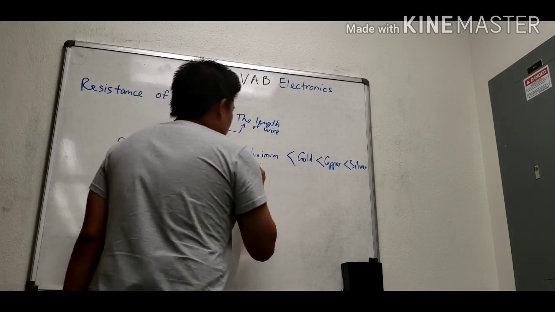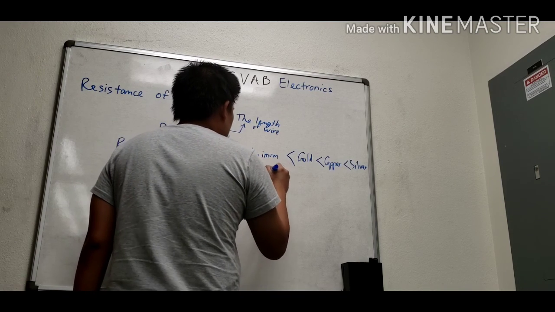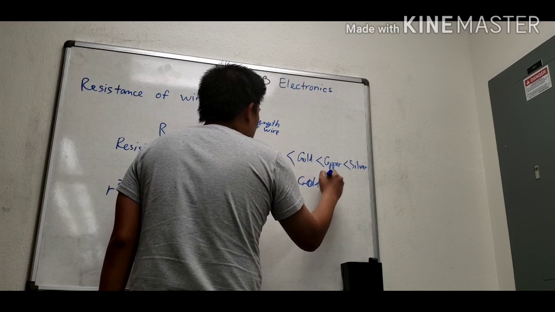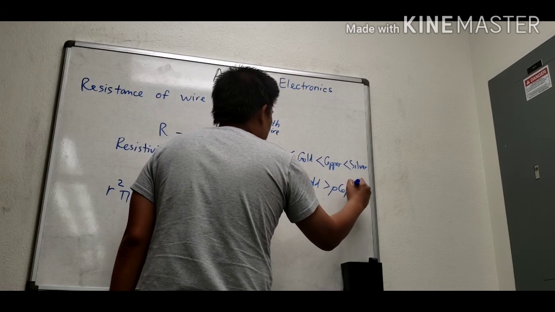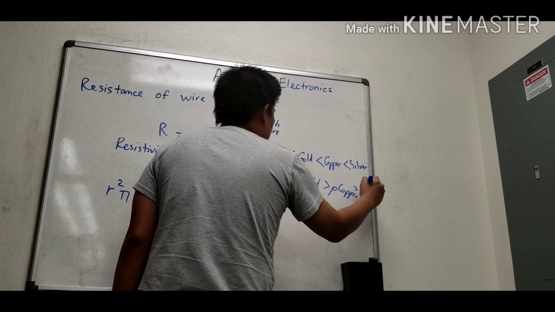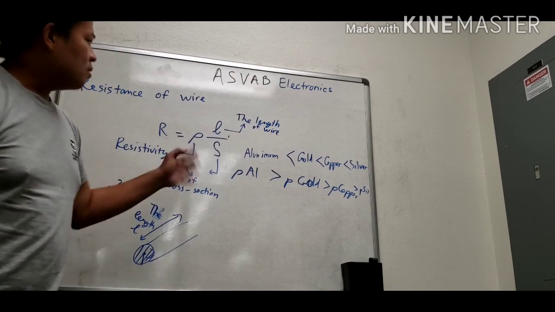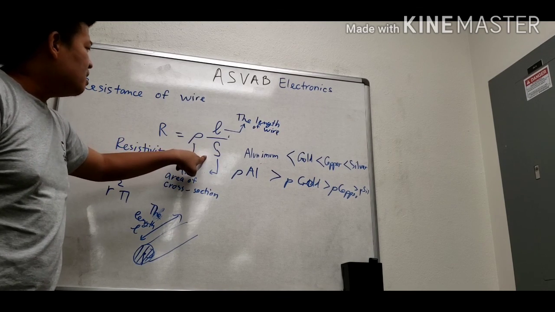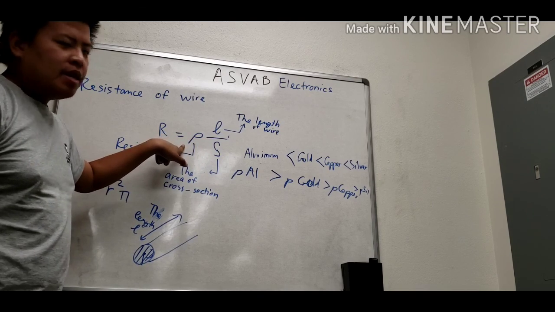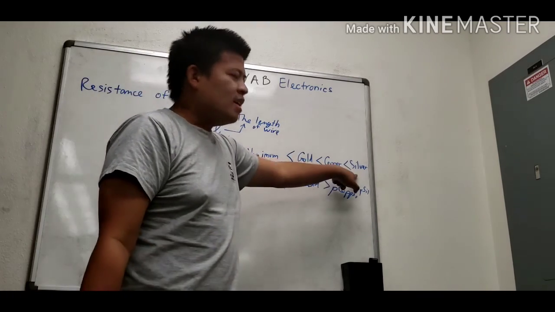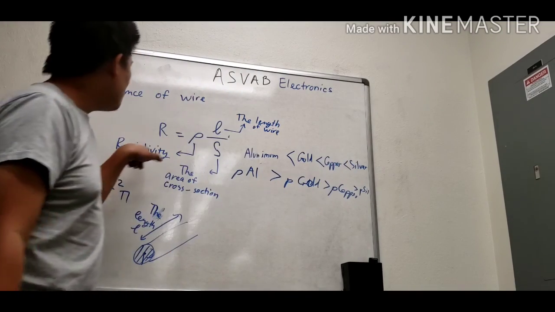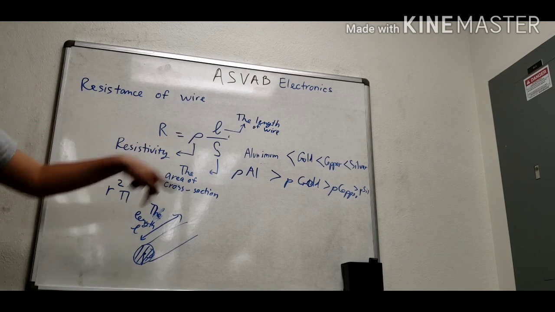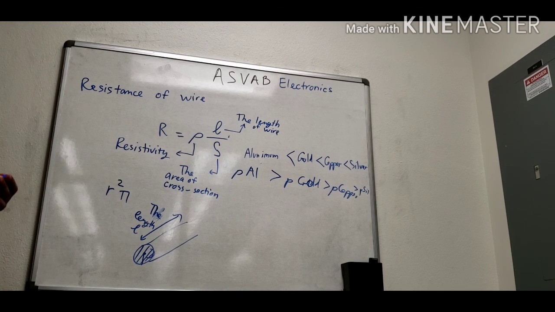So letter B is higher than gold. So that's the resistivity in here. If we don't change the L and the S, we just change the resistivity, because silver has high conductivity. This means that it has a low resistivity. So you need to remember these two formulas, and they will be on the test.